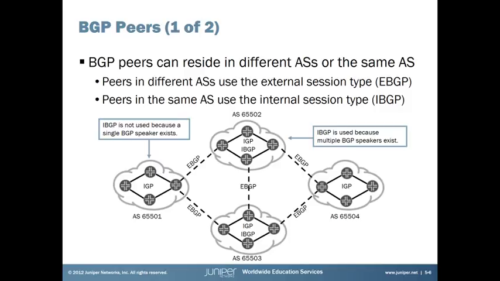Now, these iBGP peering arrangements are established between the loopback interfaces of the iBGP peers. What that means, of course, is that the loopback interfaces must be included in the IGP's routing protocol.